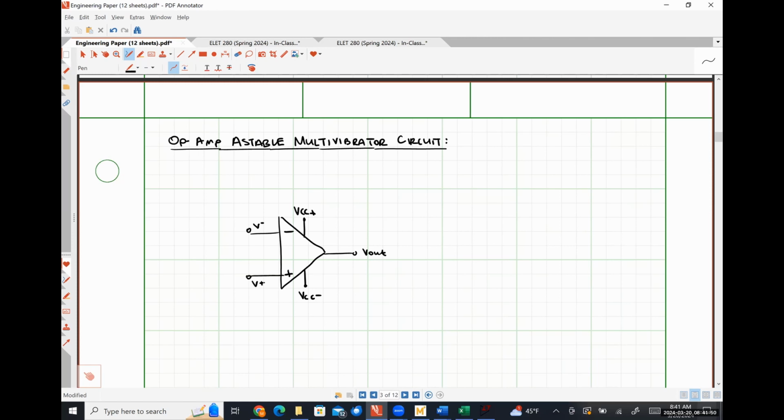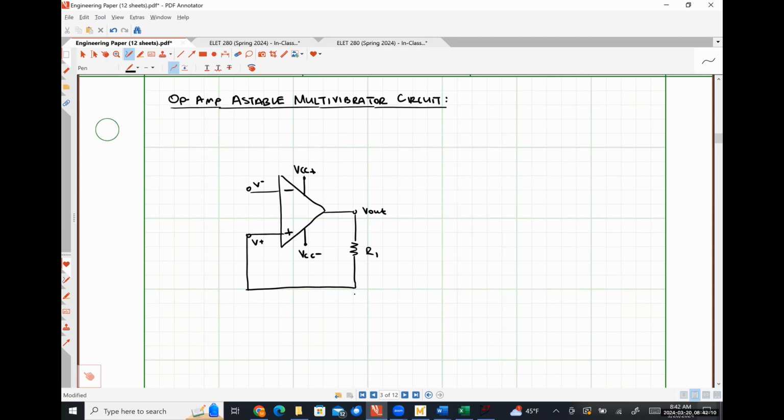And so let's implement our positive feedback first. So this time I'm going to call this resistor R1. And then I'm going to put a resistor down here. That'll be R2. Okay. So there's my positive feedback network.